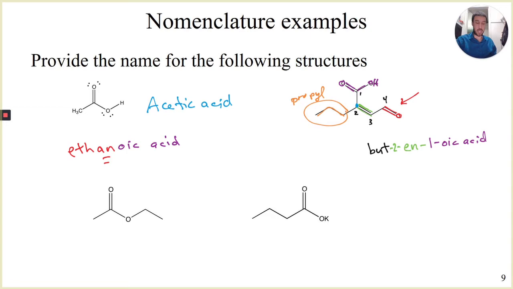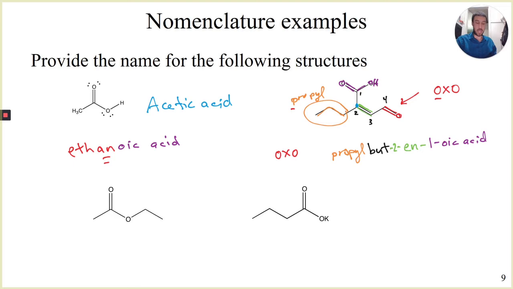But again, the carboxylic acid is a higher priority, which means we have to use the lower priority naming for the aldehyde, and that's oxo. If we're going to look at alphabetically how we'd put this together, oxo comes before P, so we'd have an oxo, and I'm intentionally leaving spaces here, propyl but-2-ene-1-oic acid.